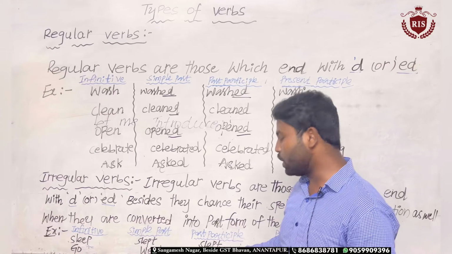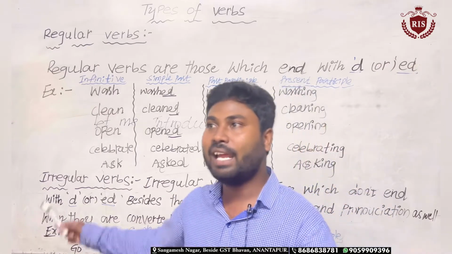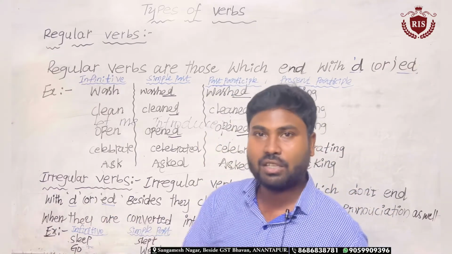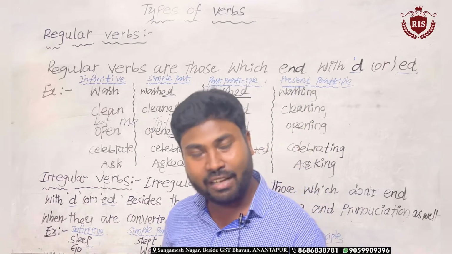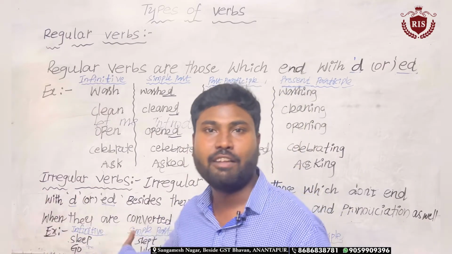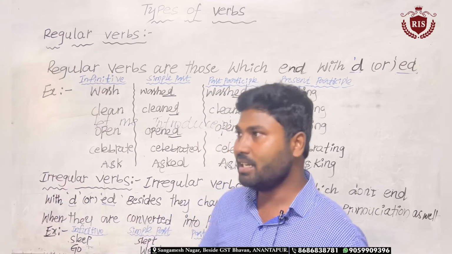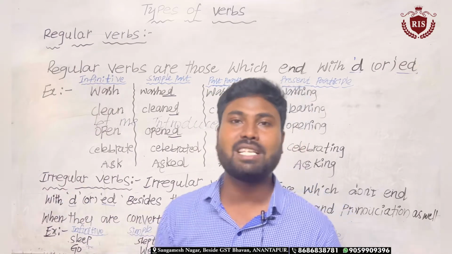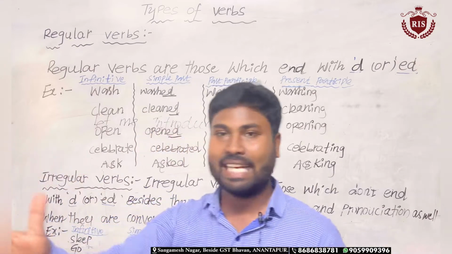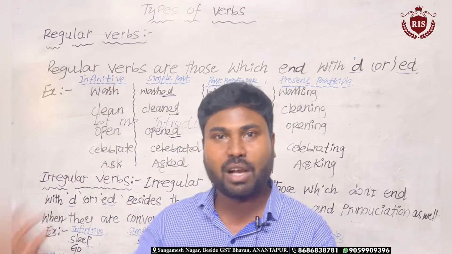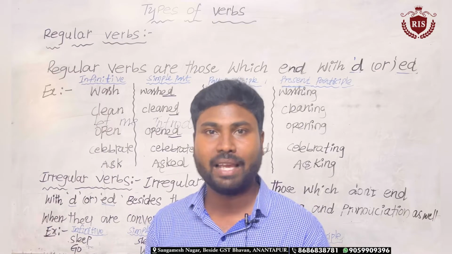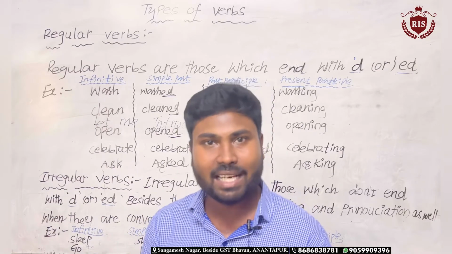And when you talk about the past participle, again there is a change. So it became gone. Again there is a different spelling as well as a different pronunciation. And still we have some more examples, like let us take drink as a verb. So when you convert this into the simple past, it became drank.